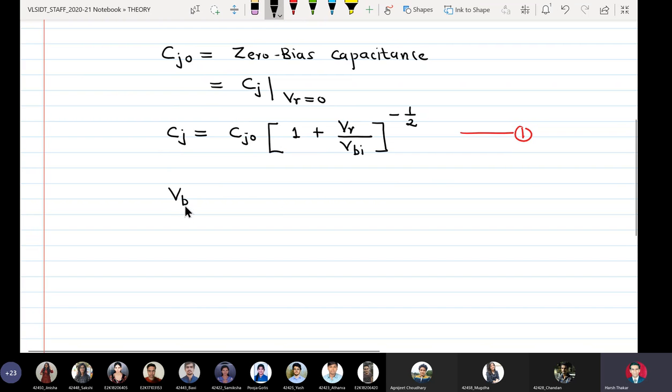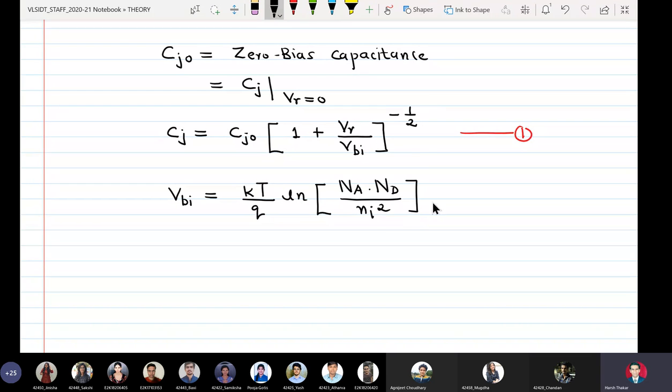Then we have the built-in potential VBI is equal to KT upon Q, natural logarithm of acceptor impurity concentration into donor impurity concentration upon intrinsic concentration square. Let this be equation number 2.